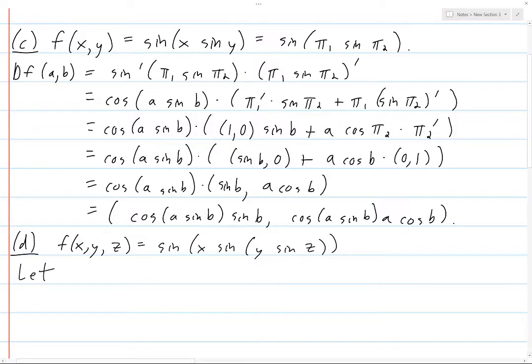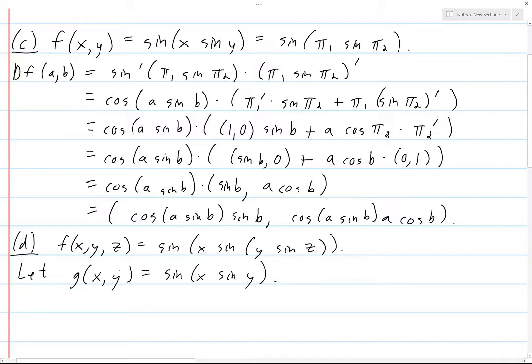Now what we're going to do is let g of x comma y be sine x sine y. This is the same thing that we had from part C.